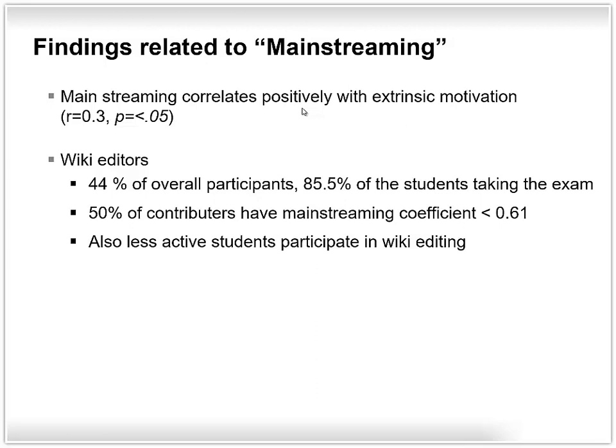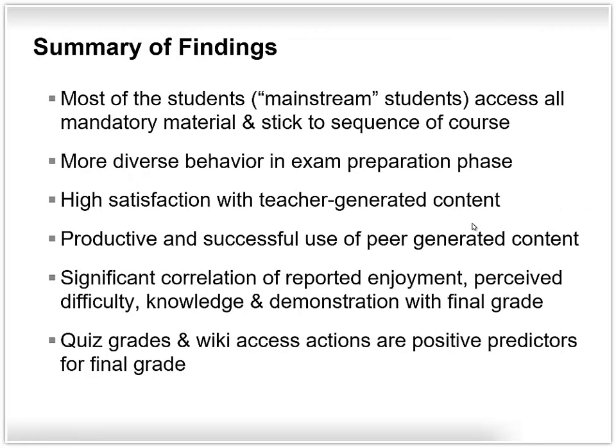So people who just participate in the course to get their credits are more likely to just stay in the mainstream, not to diversify. We saw, on the other hand, that the contributors to the wiki had, on average, a lower mainstreaming coefficient. These are just some findings about the wiki editing, but this finding is specifically related to the mainstreaming property.